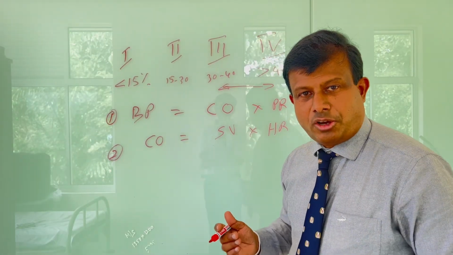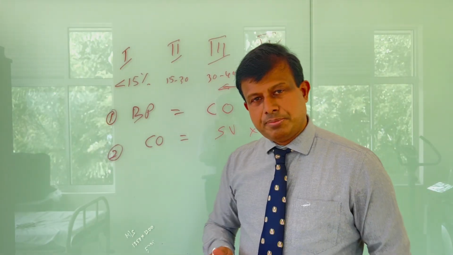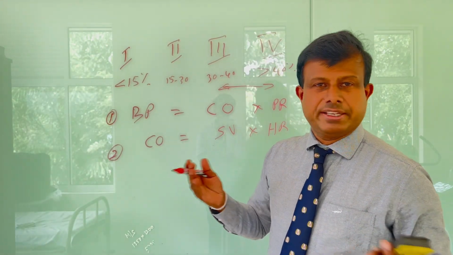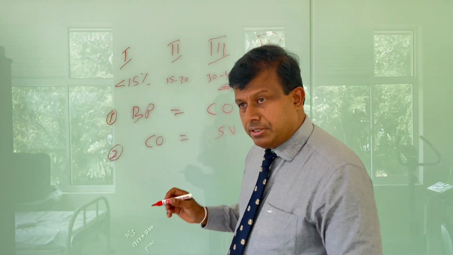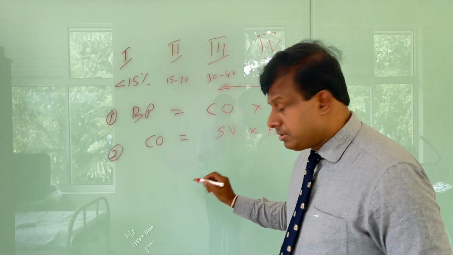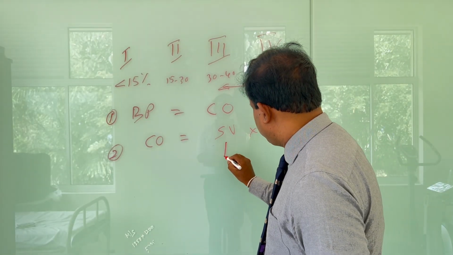So in class 1 shock, what happens is less than 15%, that is less than about 750 ml in a 70 kilogram adult, blood loss. At that particular time, due to the blood loss, stroke volume drops.